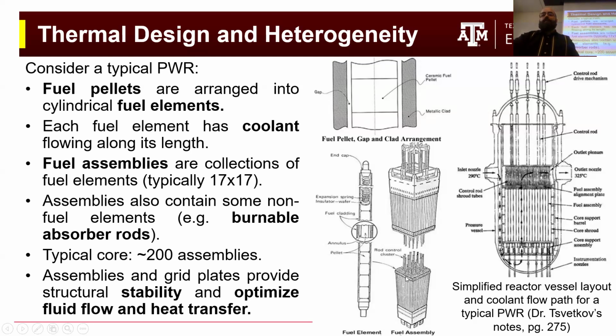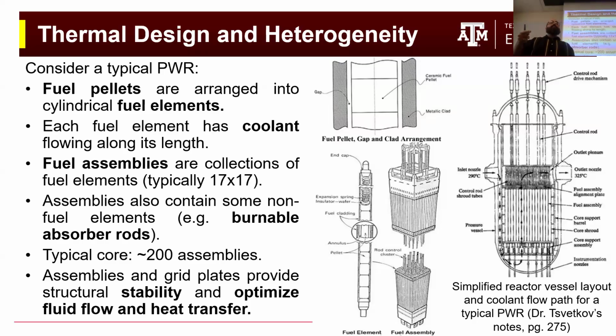These assemblies are typically 17 by 17, meaning you have 17 by 17 fuel elements in each assembly. Each reactor core will have about 200 assemblies. So if you take the number of assemblies times 17 by 17, that gives you an estimate for the number of fuel elements in your reactor.